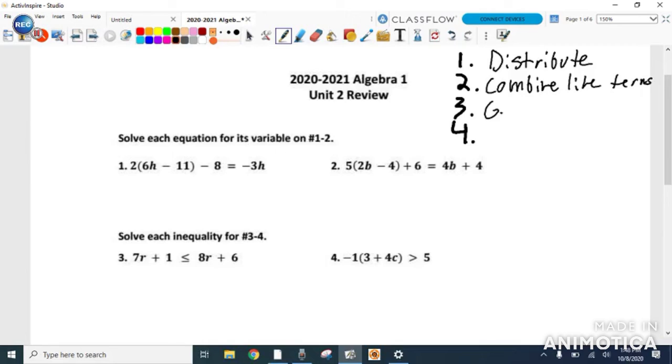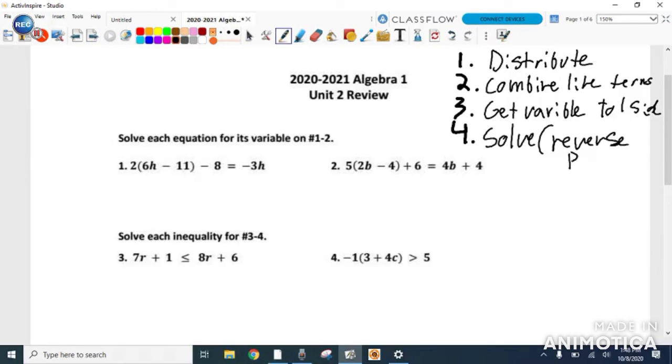Step 3 is get the variable to one side, and step 4 is to solve using reverse PEMDAS. Alright, so now let's look at number 1.